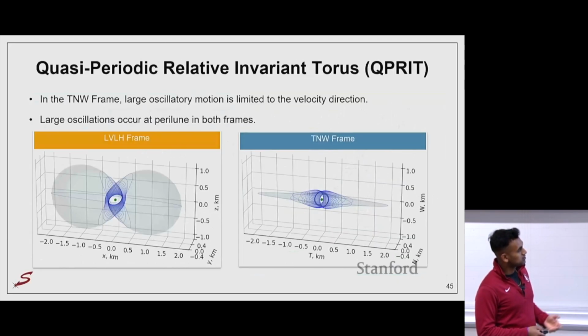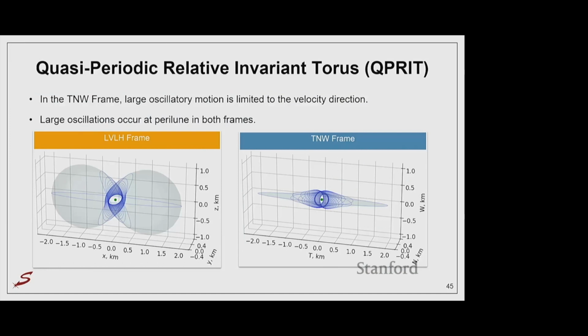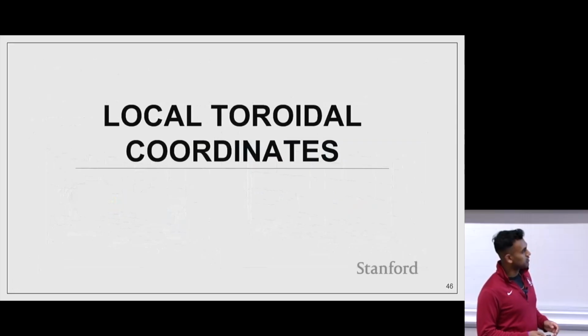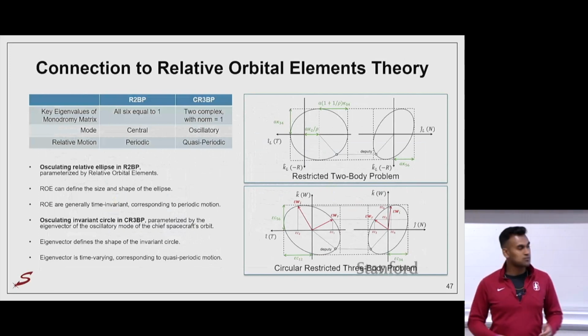As we saw from these images and animations, when we have this bounded quasi-periodic motion, we are able to set passive safety conditions and enforce them, because we know that the deputy will not collide with the chief and will maintain whatever safe separation distance we define, even though it will oscillate around.